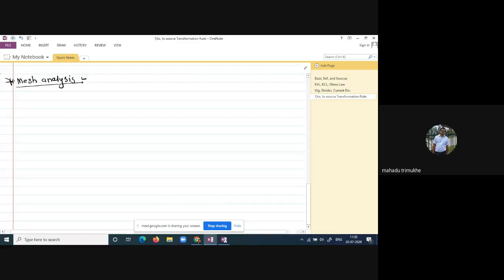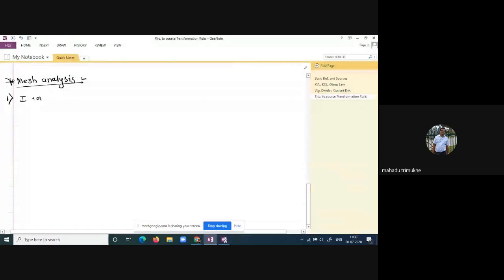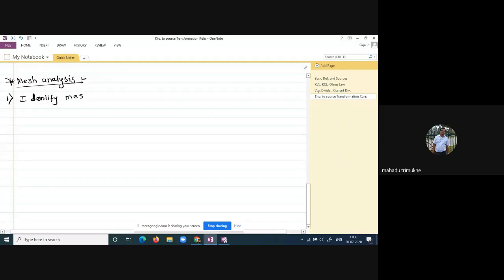You know all the steps, so I'll revise all the steps again. The first step is what? You have to identify the mesh. Identify mesh means you have to find out the loop.